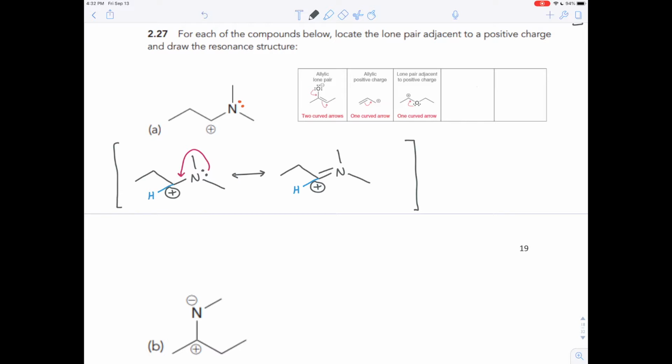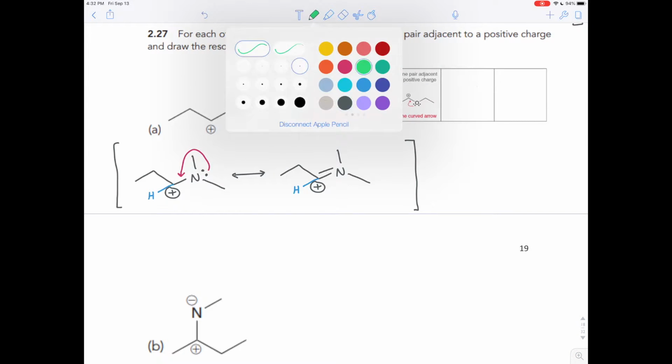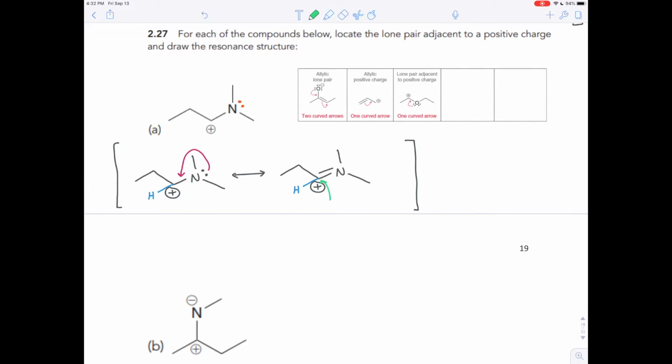Then you would just want to think about the formal charges. For this carbon on the left, carbon is in group 4A, so 4 minus 0 dots, and here we have 1, 2, 3, 4 lines. So 4 minus 4, that carbon has a 0 charge. And then the nitrogen.